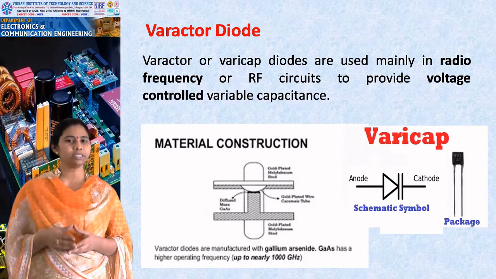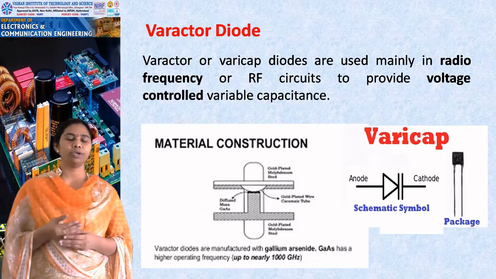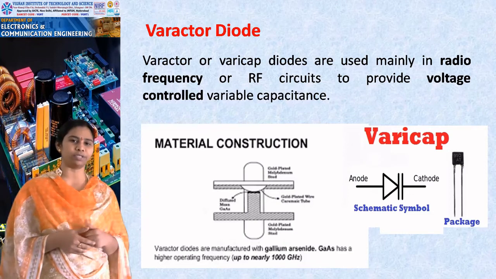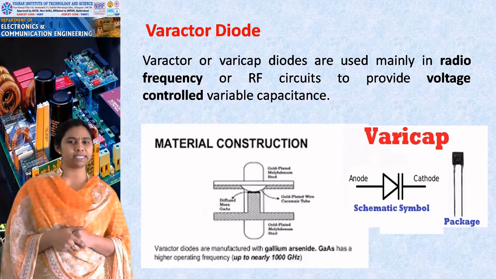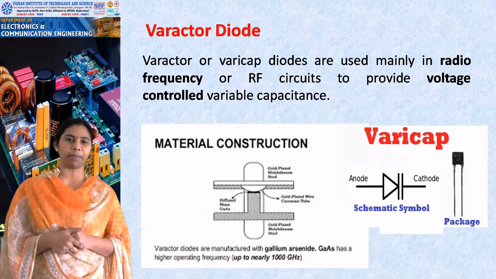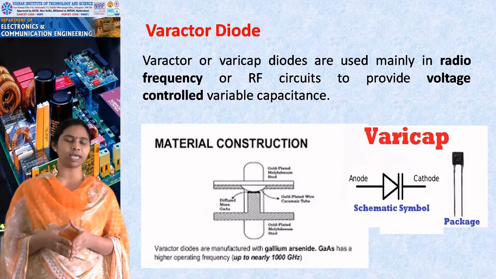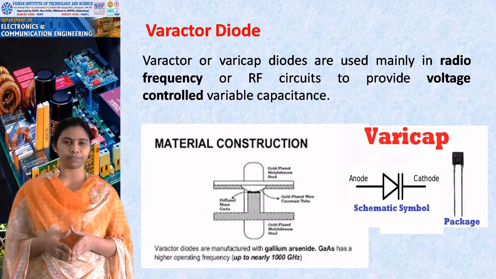In tuning circuits where you need variable capacitance, the particular capacitors can be replaced with these varactor diode circuits, where you can vary the capacitance with the application of external voltage.